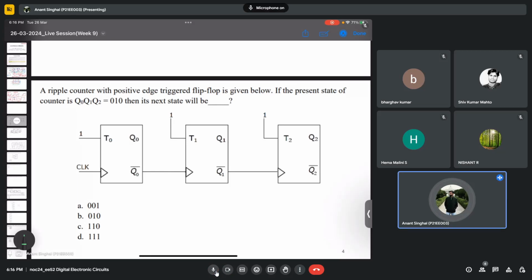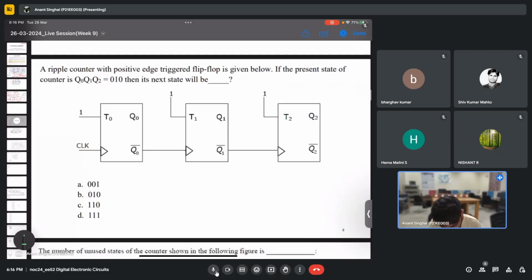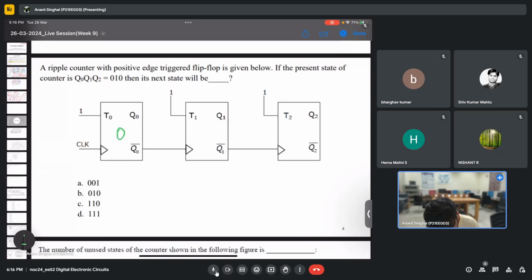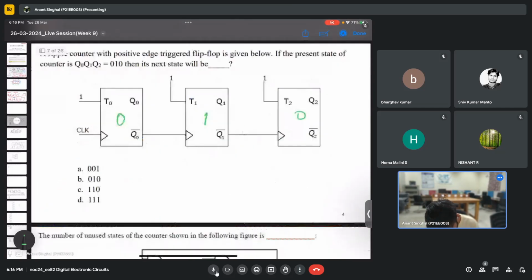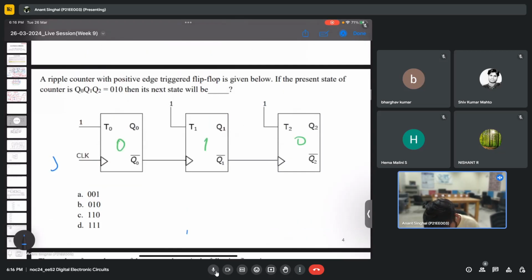So let me try it out then. Initially the state has been given as 0 1 0. Now whenever I apply a positive edge, I am doing it here only quickly. Let's say this was the initial state, 0 1 0. Whenever I apply a positive edge trigger, this is 1, so Qn plus 1 will be Qn complement. So this will become 1, this will become 0.